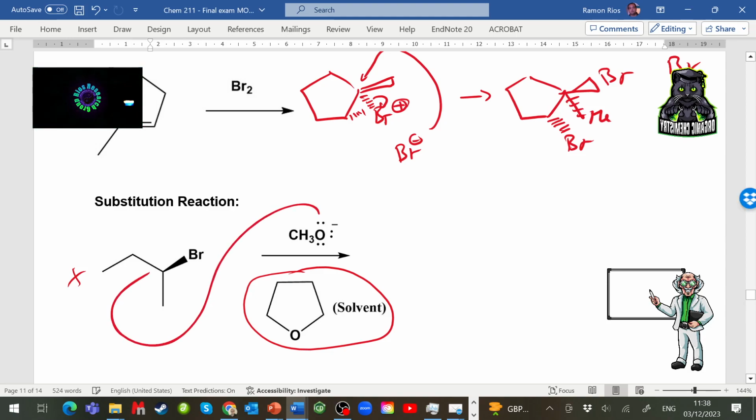SN2, this will attack from behind, and at the same time the group will depart to form this compound. And remember, because it's SN2, what we have is an inversion of the configuration.